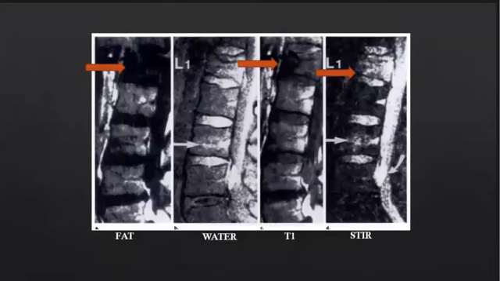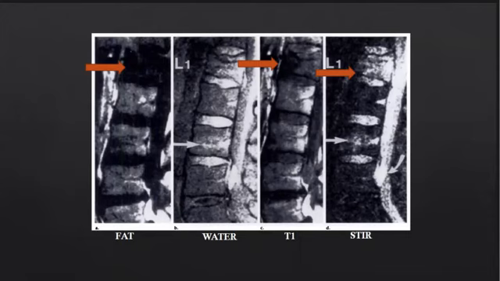And these are images of another patient with acute benign post-traumatic compression fracture, but now with an atypical signal intensity. T1 weighted image shows diffuse homogeneous low signal intensity in L1, which is more pronounced on the fat weighted image. Water weighted image shows high homogeneous signal intensity in L1.